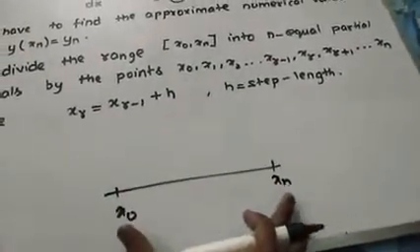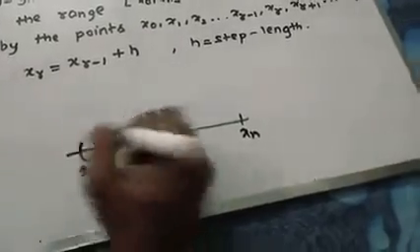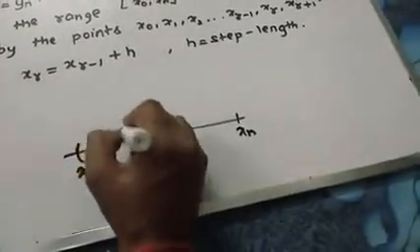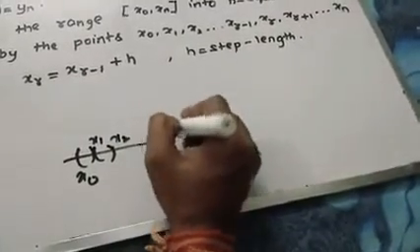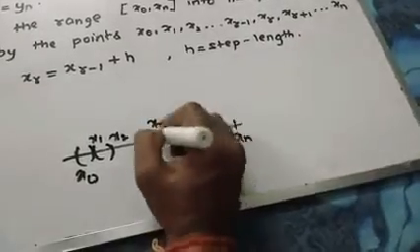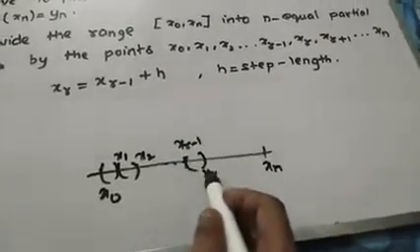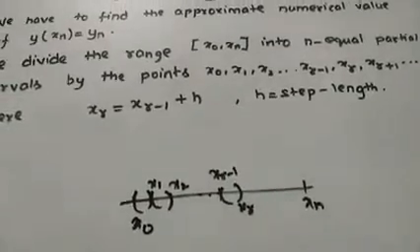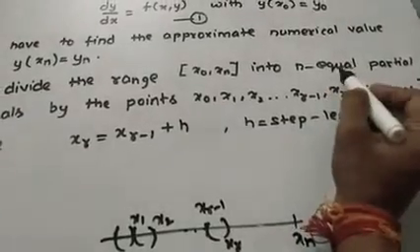Now we will divide this range into n equal partial intervals like that. x0, x1, this is one interval, then another point x2, this is another interval. Then similarly we will divide, suppose here the point xr minus 1, and here xr. So with the help of the points x0, x1, x2, xr minus 1, xr, and so many points, we are going to divide this range x0 to xn into n equal partial intervals.